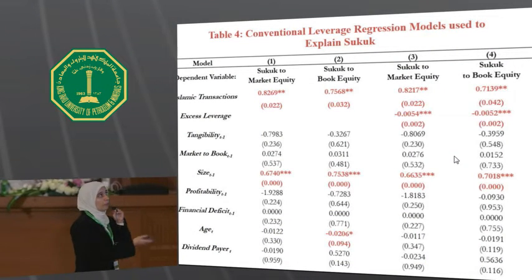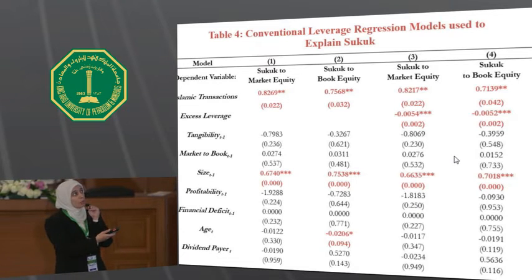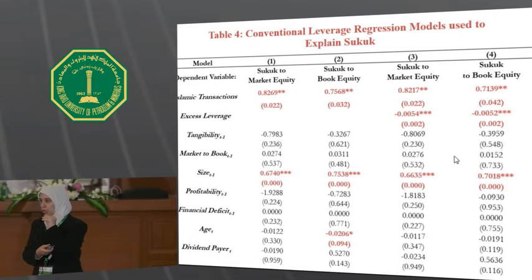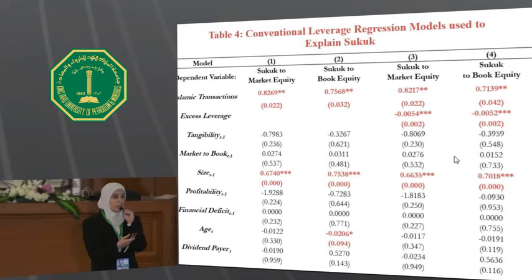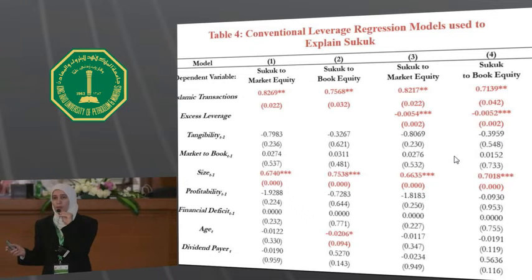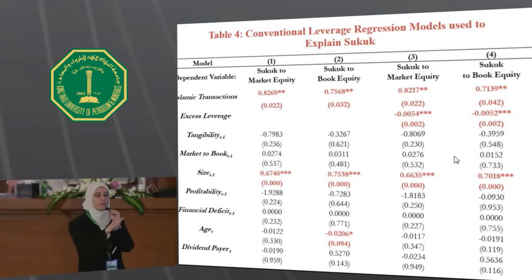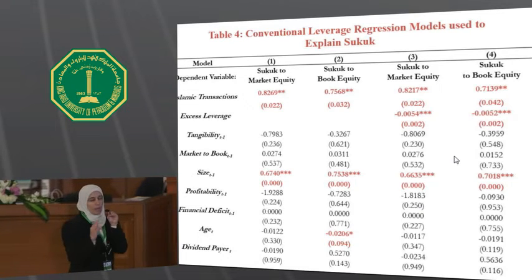However, now my dependent variable is the sukuk to market equity in the first column and sukuk to book equity in the second model. So the Islamic transactions variable here is the indicator that's testing my third hypothesis, which is set to 1 if the firm has other Islamic investments or other Islamic short-term or long-term financing.